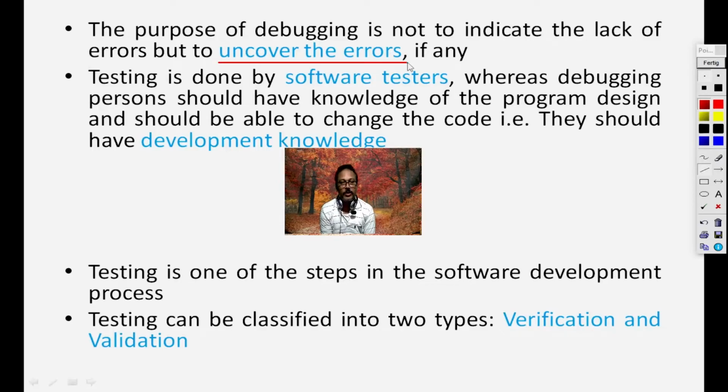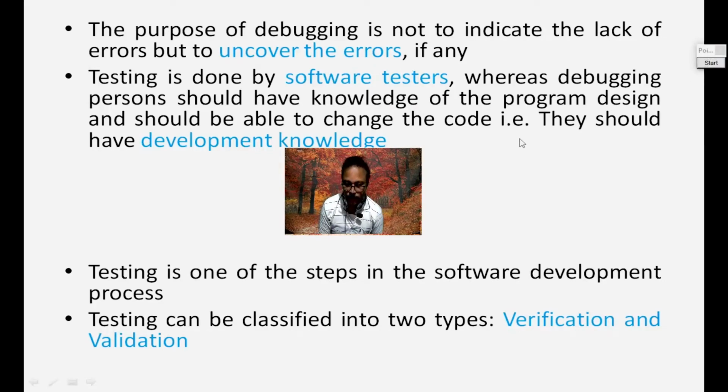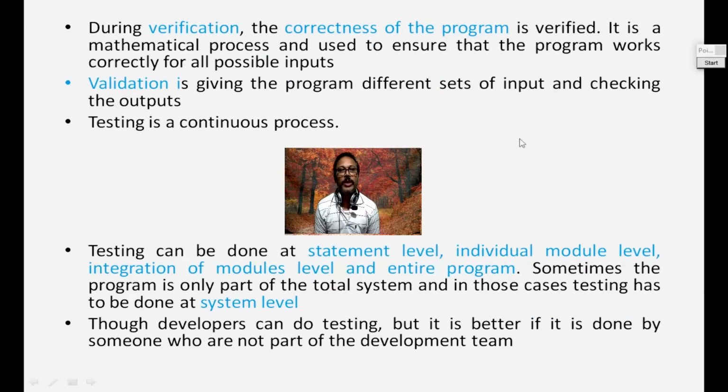Testing can be done in two ways: verification and validation. Maybe this is too difficult for you to understand at this point of time. But in simple terms, verification means ensuring that the program itself is correct. That is generally done by a mathematical process, to ensure that the program is correct for all the possible sets of input.